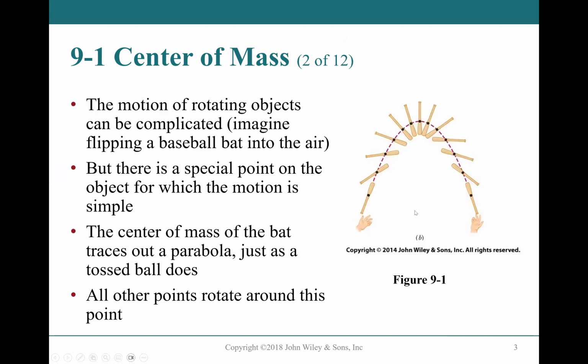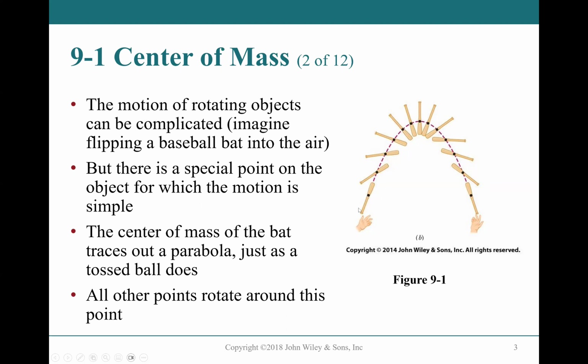If you take a look at the motion of this bar, I think it's a baseball bat, you are going to see the motion of a rotating object can be very complicated, like here, and also flipping this baseball bat into the air. But we have a special point. If you see this little point in the middle, there is a special point on this object for which the motion is simple.